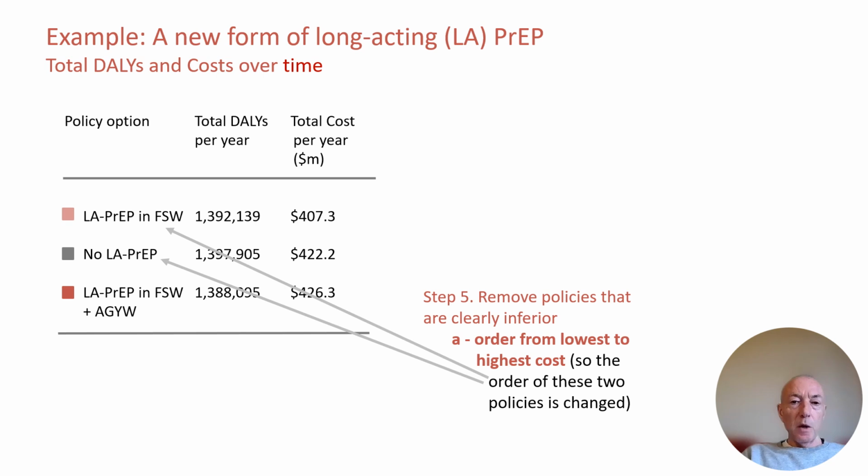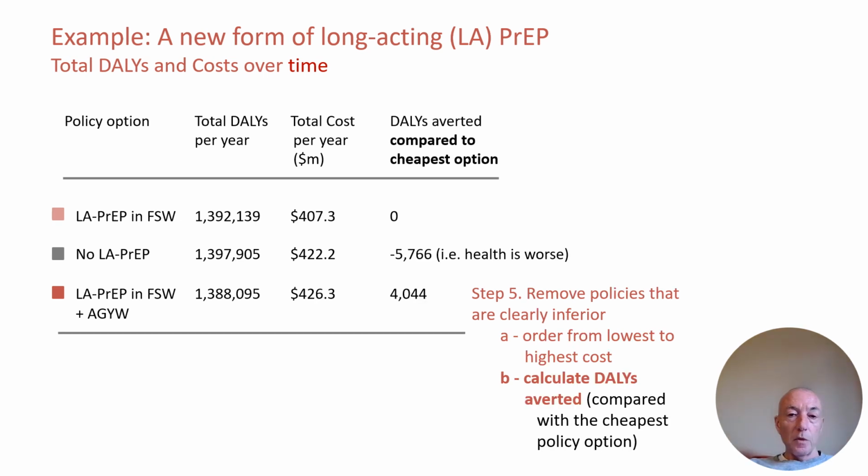So let's go back to our long-acting PrEP example. So the first thing we want to do is to order the policies from the lowest to the highest cost. So we now have the pink policy at the top because that one was the one that incurred the lowest cost, a lower cost than not having PrEP introduced at all. So then we calculate the DALYs averted compared with the cheapest policy option.